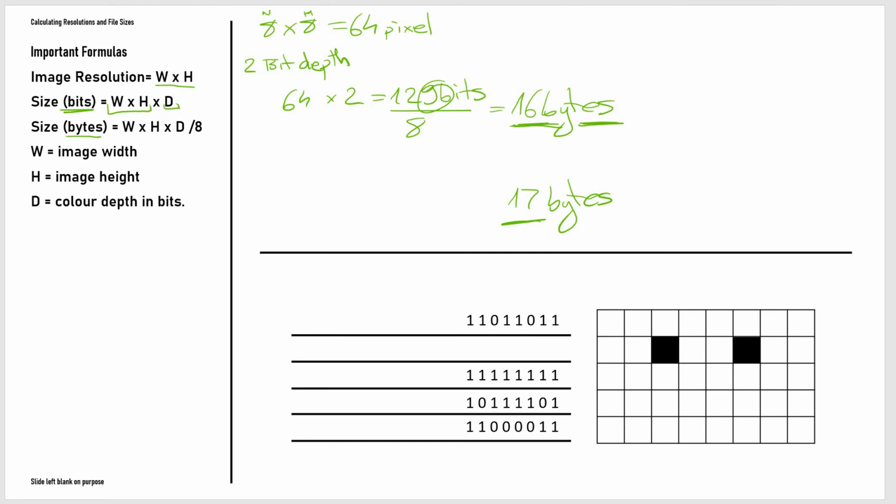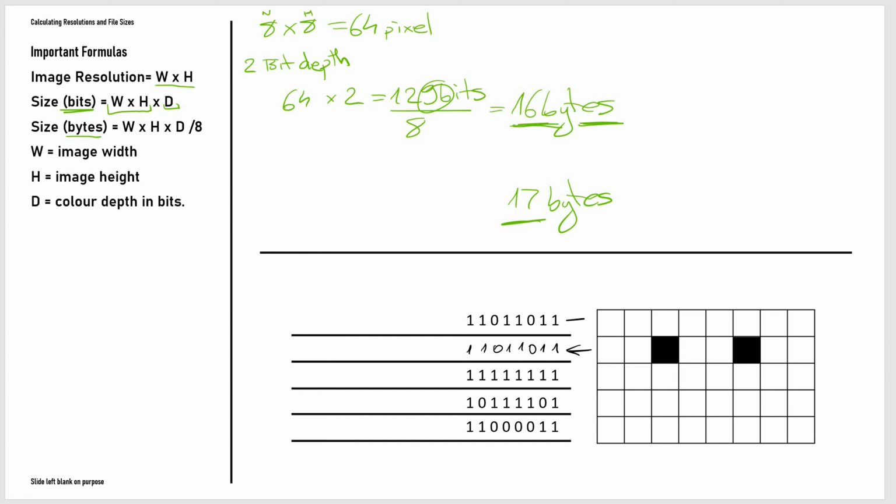Now, another type of question you might get in the exam is to convert binary data to an image, or vice versa, an image to binary data. So what you would do here is, if you were converting from an image to binary, you would write the binary patterns like this: 1 1 0 1 1 0 1 1, like so.